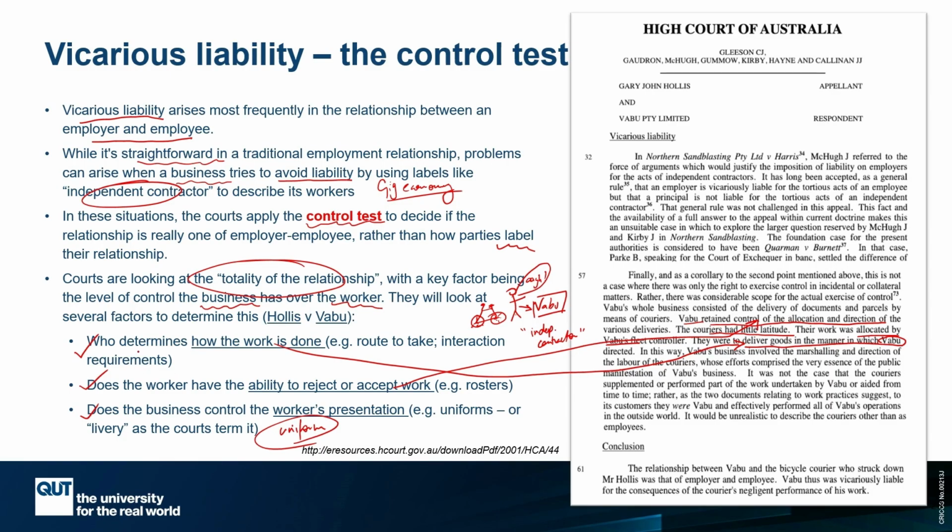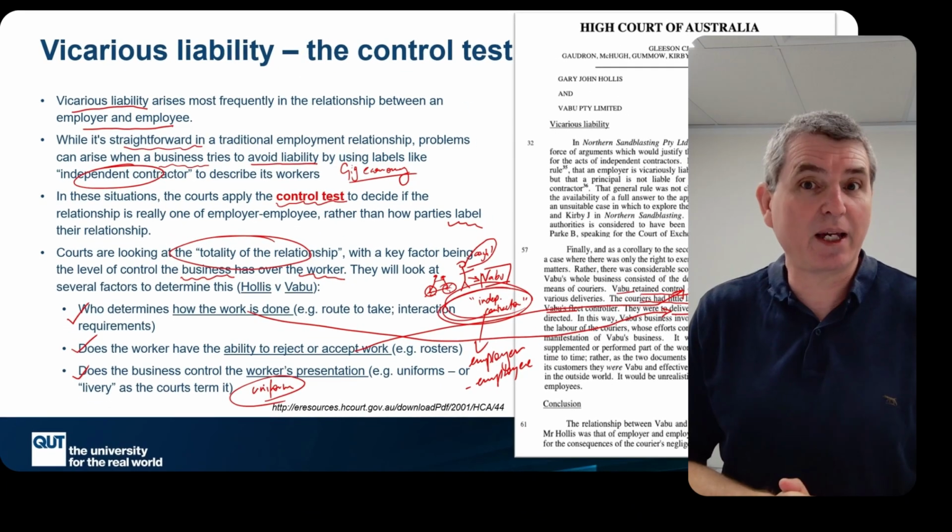So again, this test is not one factor on its own, but it's looking at the various things that point to control of the business over the worker. And in the case of Vabu, despite being labelled this independent contractor, the court held that this was an employer-employee relationship.